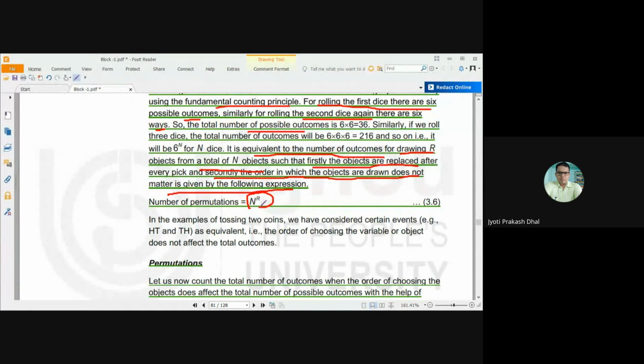So the number of outcomes will be n to the power r.